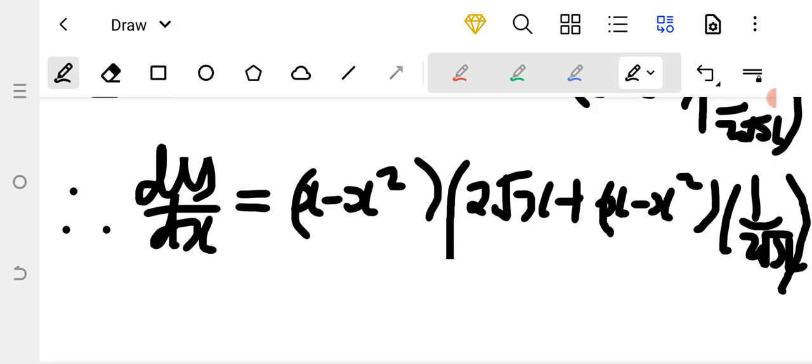So that's what we have. And that would be our final answer. So we can leave it in the form of square brackets. It's quite alright.